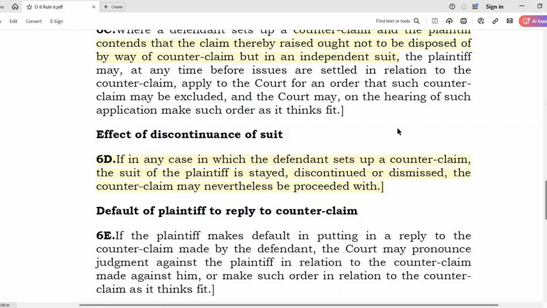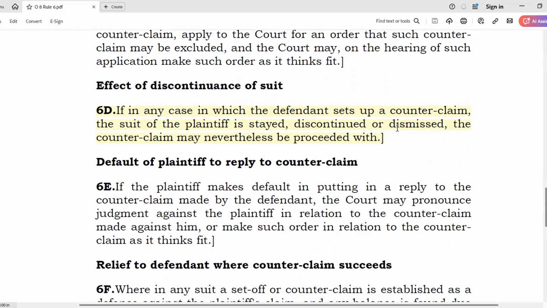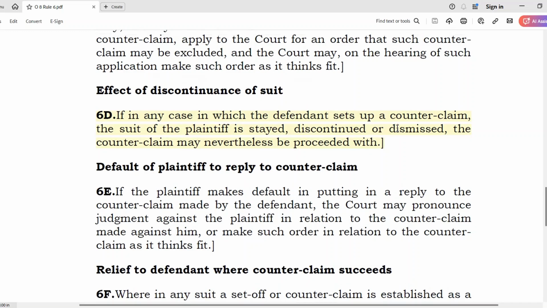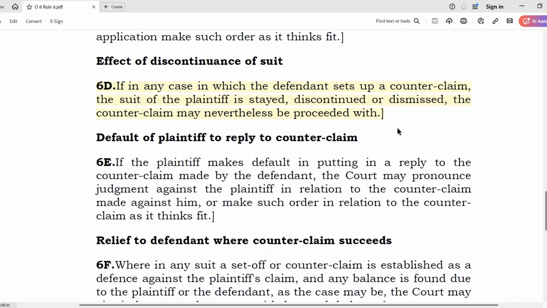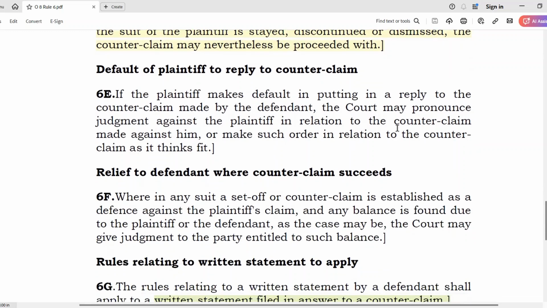But in case of counterclaim, even if the plaintiff's claim is dismissed or is withdrawn, the counterclaim can proceed independently. With the dismissal or withdrawal of the main suit, the counterclaim doesn't fall away, but the claim for set-off falls away. That's an important difference between counterclaim and set-off.